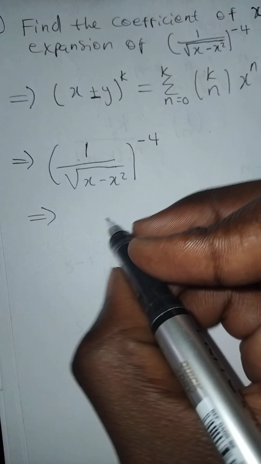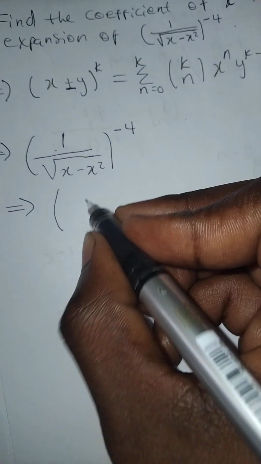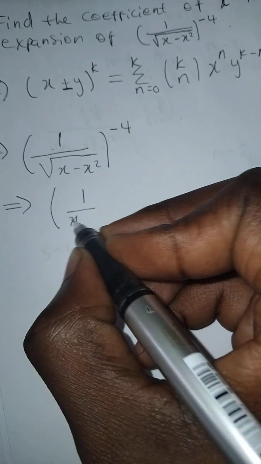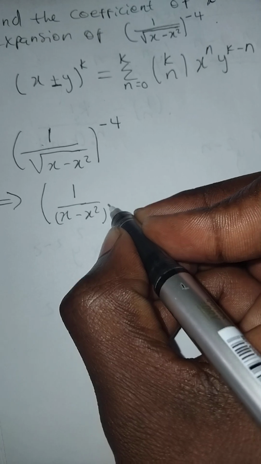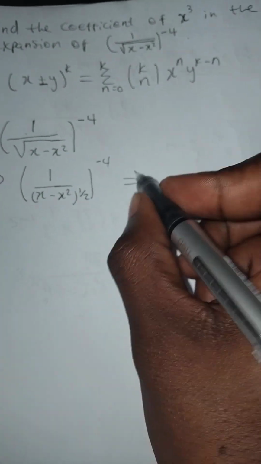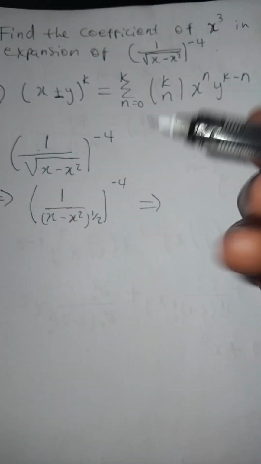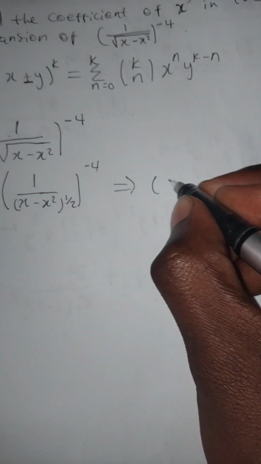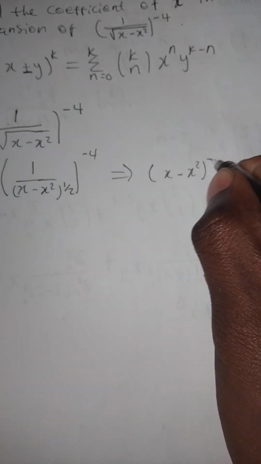The square root is the same as x minus x squared to the power half, then everything to the power minus 4. Then, taking the reciprocal, it's going to be x minus x squared to the power minus half.